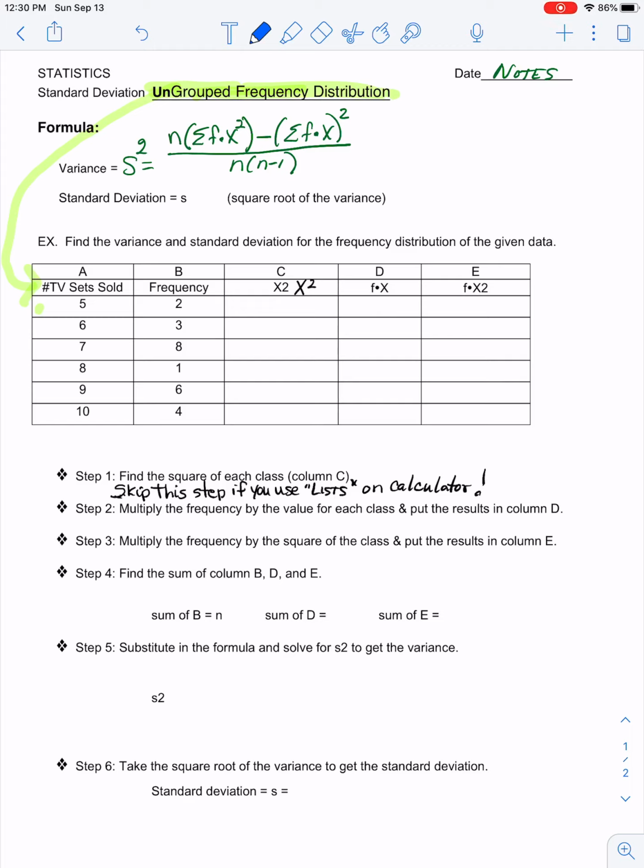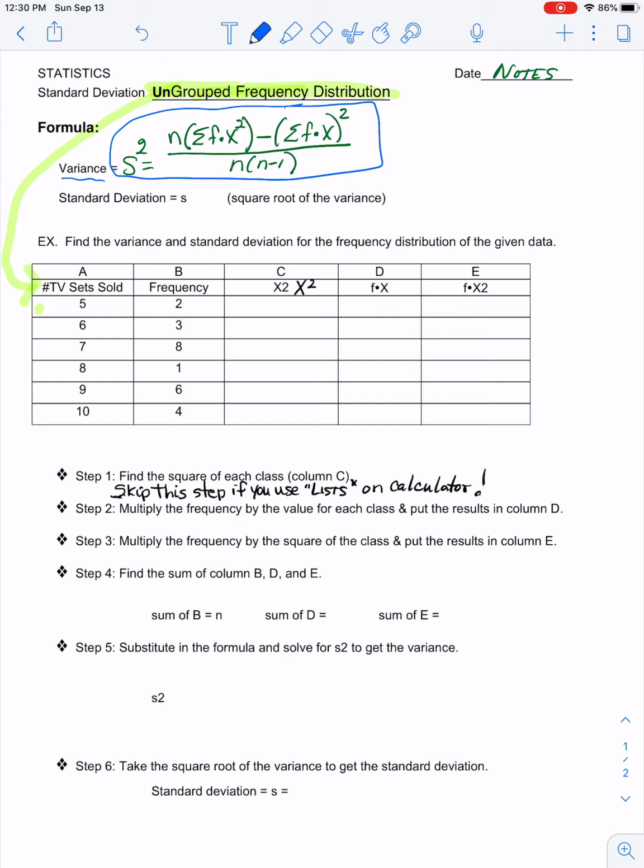So the formula we're going to work with today is starting up here at variance. This one is very similar to the shortcut formula you learned previously. The only difference today is that we're going to have to tie in the frequencies to help with the calculation. But otherwise, it's going to feel very, very similar.